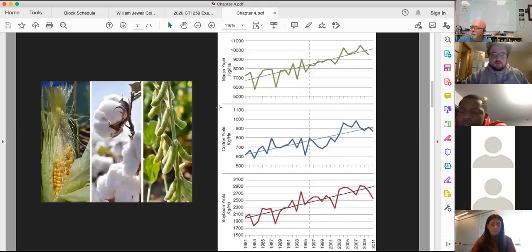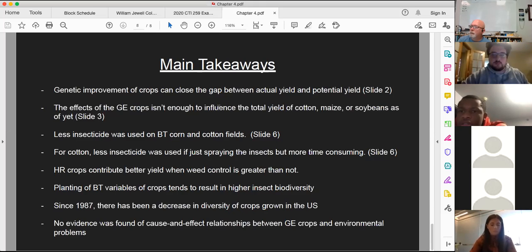Which point was that, Dr. Kolinsky? It's this one down here, the 5th point down. So that was their finding, that it contributes to a greater yield when weed control is better, or when it's improved because of the specific herbicides that can be used in conjunction.